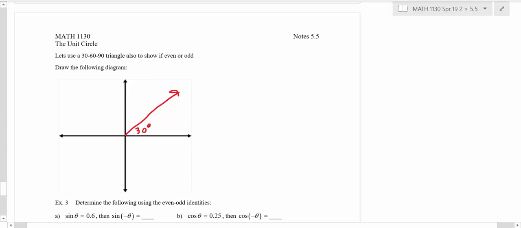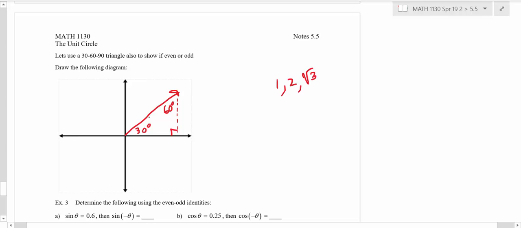Let's do a 30-degree angle there, and go straight down the bottom at a right angle. So you have a 30-60 right triangle. Do you guys remember how the sides go on a 30-60 triangle? It's as easy as 1, 2, 3. 1, 2, square root of 3. And it goes like this.